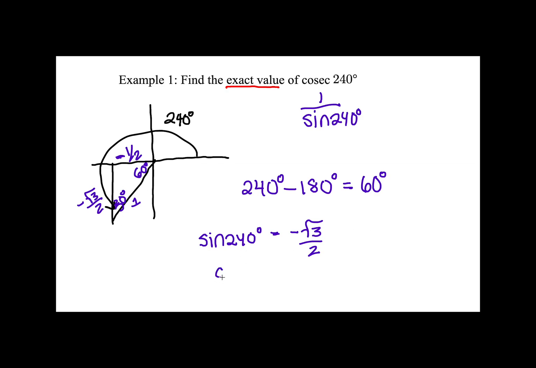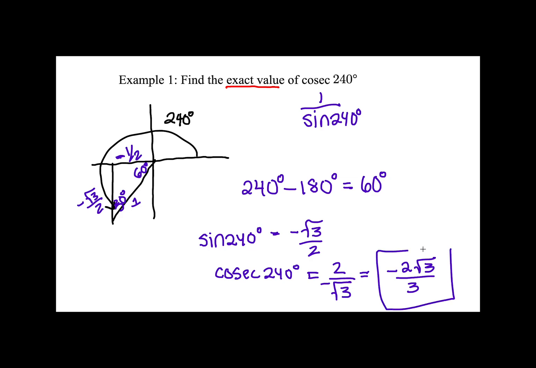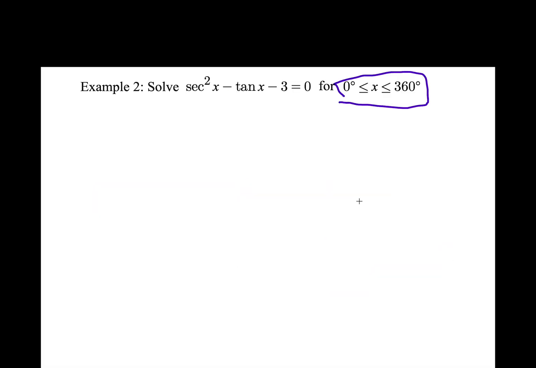If I want the cosecant of 240, then I just flip the sine ratio. Negative 2 over radical 3. In the book, they didn't rationalize the denominator, but you can go ahead if you want. Negative 2 root 3 over 3. That's the exact value of the cosecant of 240 degrees.